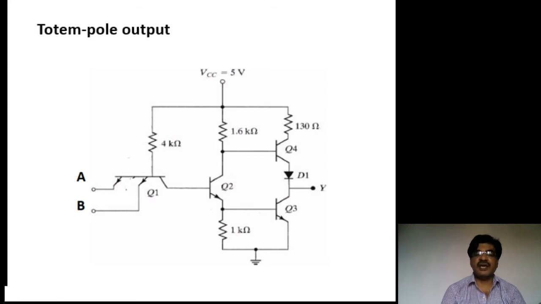Then the rest of the action is the same. That is, it works as an AND gate, as we have observed in the previous case. With low inputs of A and B, or if one of the inputs is low, the transistor Q3 is in open circuit, hence the output is high.